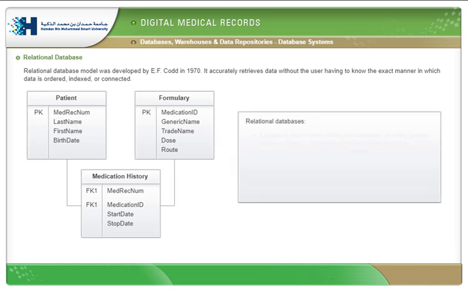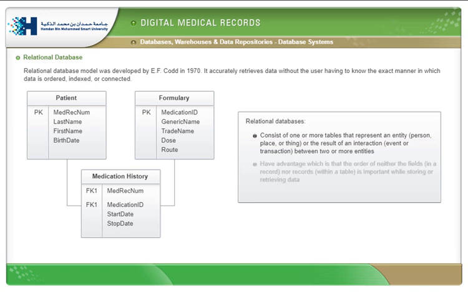Relational databases consist of one or more tables that represent an entity or result of an interaction between two or more entities. Their main advantage is that the order of neither the fields nor the records is important while storing or retrieving data. This helps in defining a variety of relations between tables.